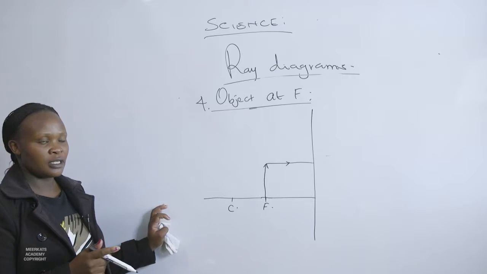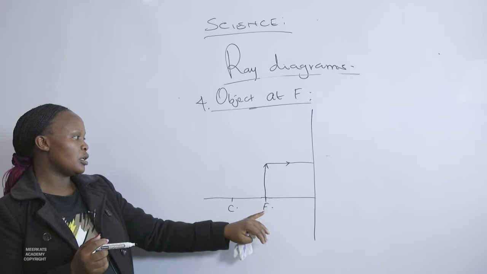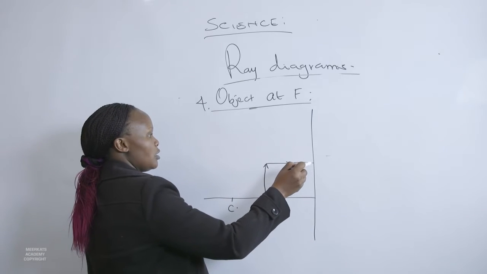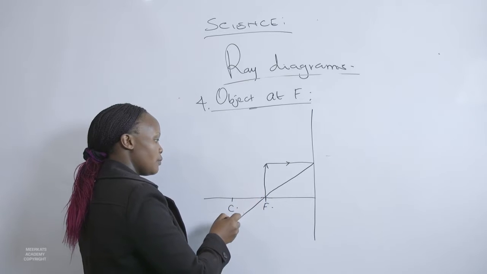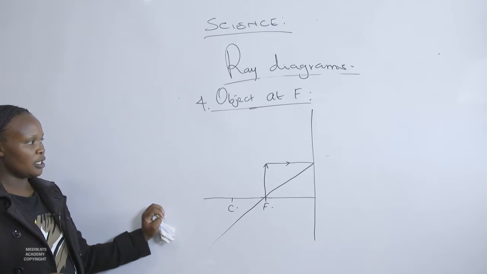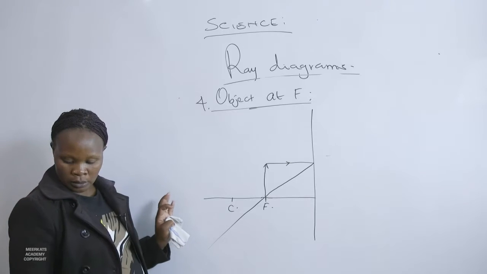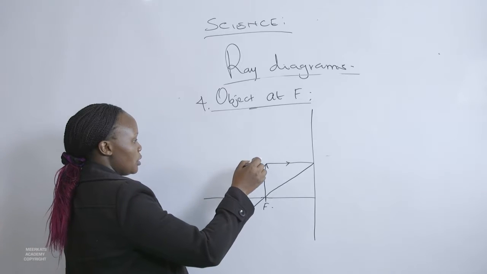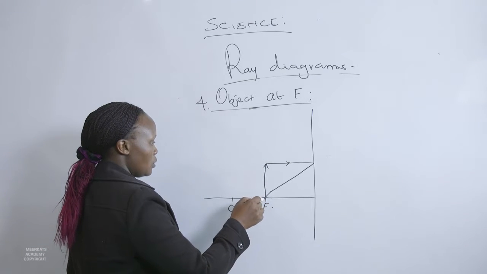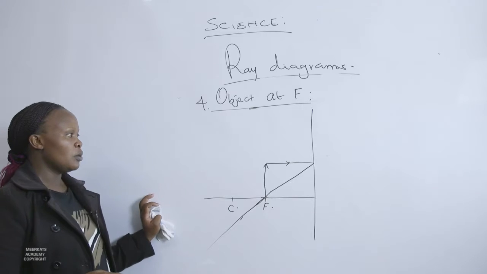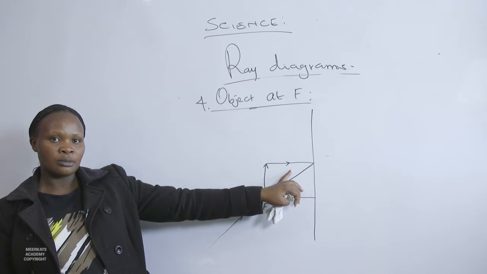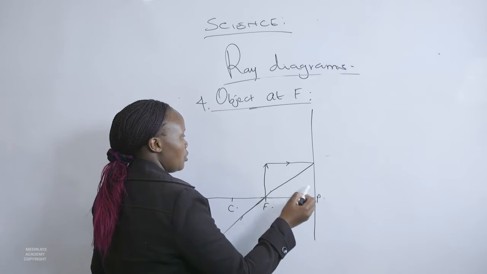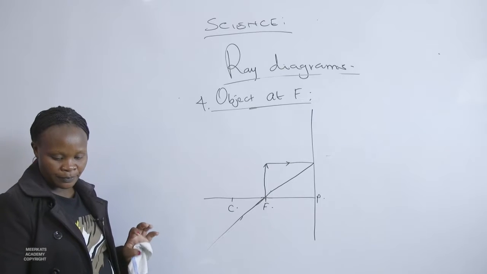This one is the first one, which is parallel to the principal axis. Let us reflect it through F. Then we can consider another one, a ray parallel to the principal axis, and then we will reflect it through F.